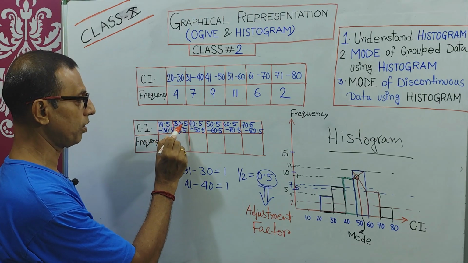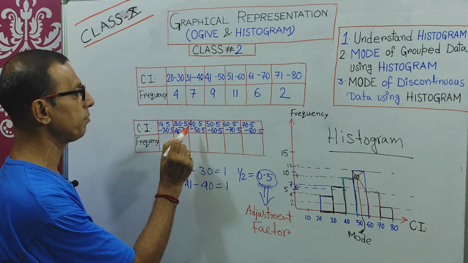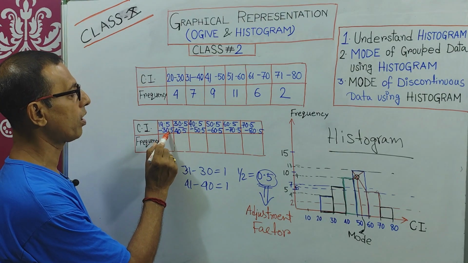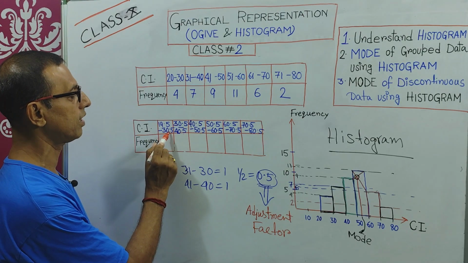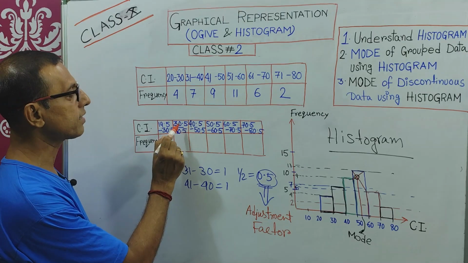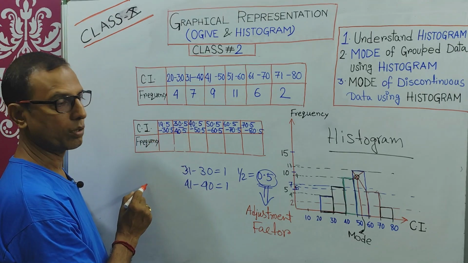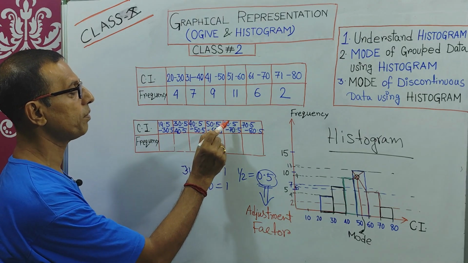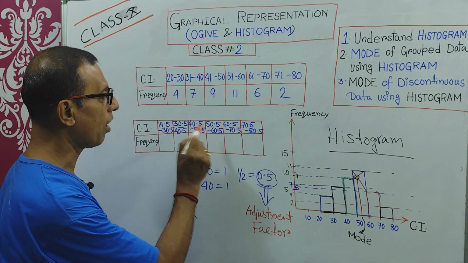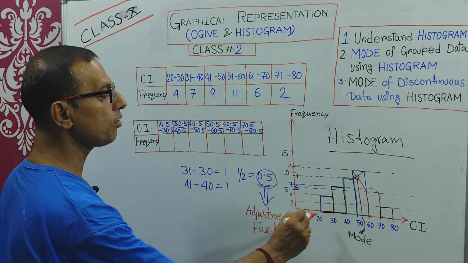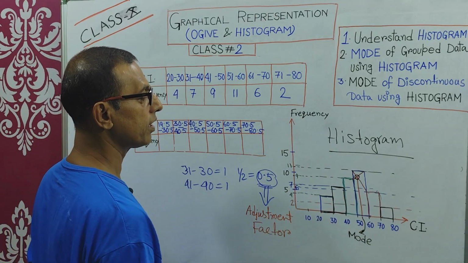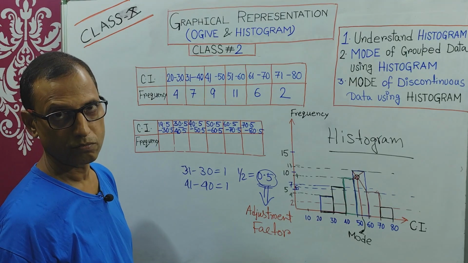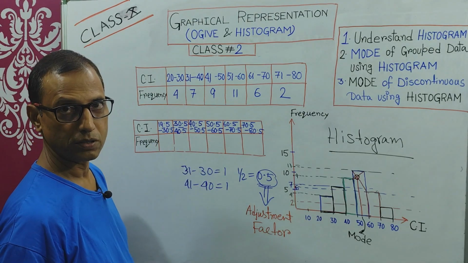For all the class intervals, the previous upper bound equals the next lower bound: 30.5, 30.5, 40.5, 40.5, 50.5, 50.5, 60.5, 60.5, 70.5, 70.5. Now your data set is continuous. Then you place the data in the graph and find the mode. So you need to convert the data set into continuous data, even though it is discontinuous.